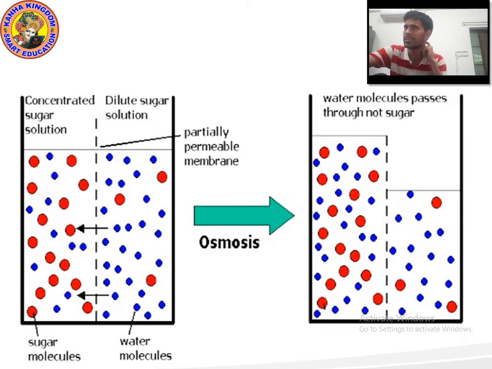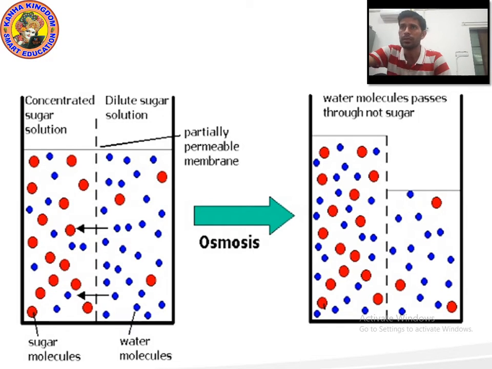If a cell is placed in a medium which has higher water concentration and lower solute concentration, as you can see, the solute concentration is low. The red dots are very few, but the water molecule dots are very many.